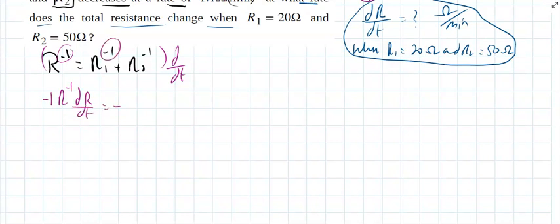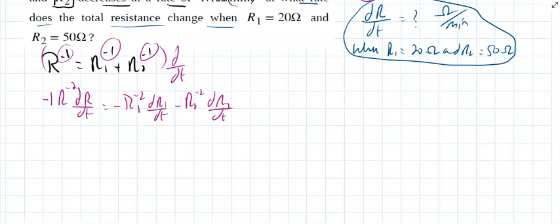Here we bring the power down, subtract 1 from the power. When you subtract 1, minus 1 is negative 2, dR1/dt. And here you bring the power down, so that becomes a negative, R2 to the negative 2 dR2/dt.